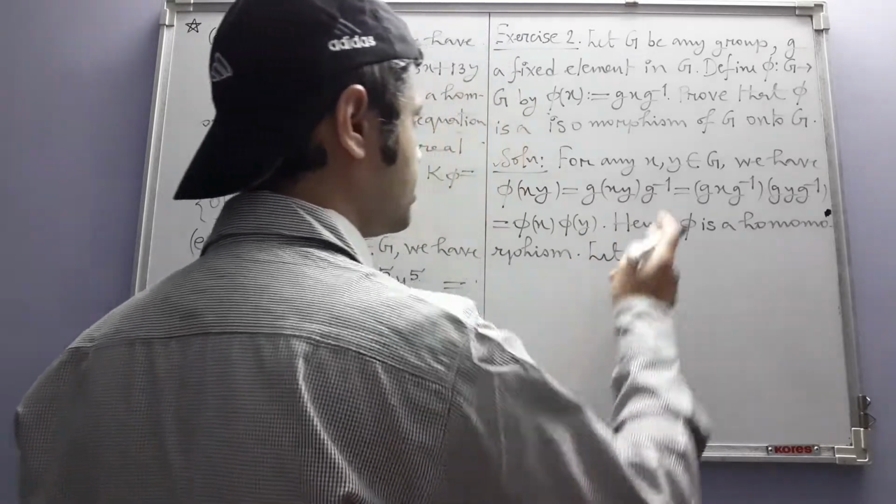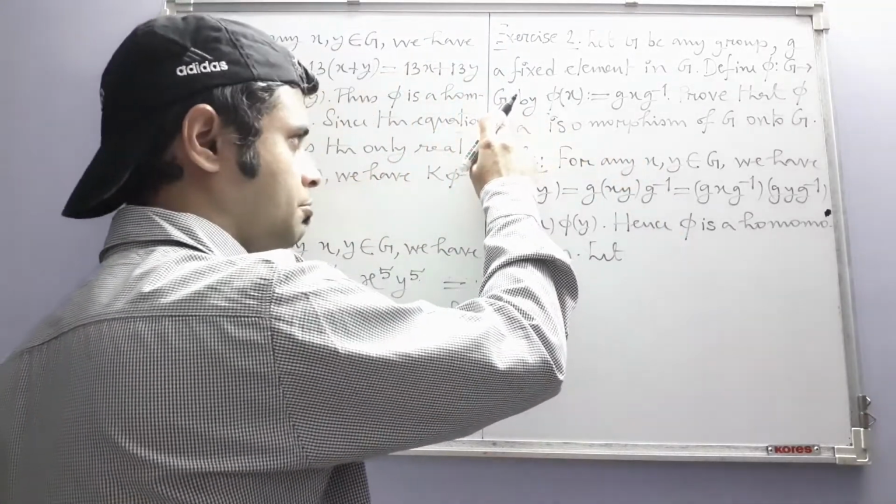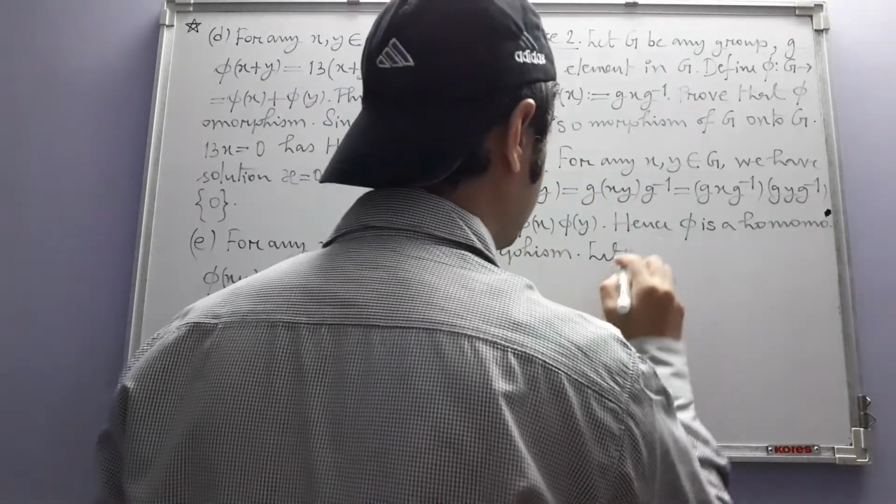So for ontoness you take any element in the second group, which in this case is the same as the first group.